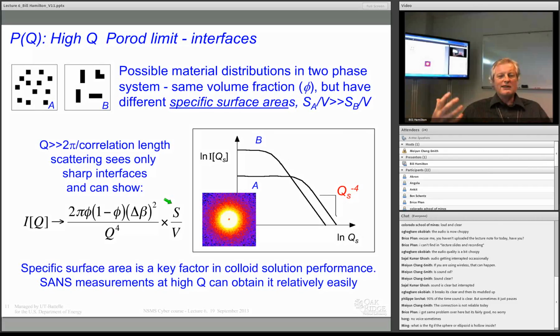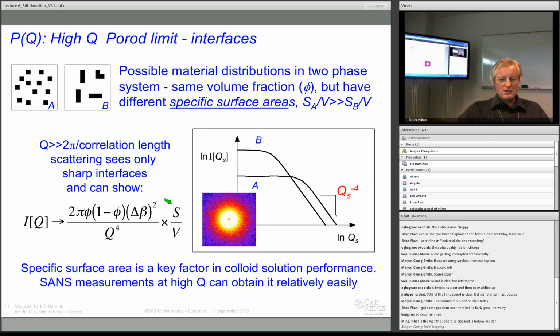You're finely dividing matter, and it nearly always is doing something at the surfaces. And SANS, or small angle scattering, is a great way of measuring surface areas, which basically is the metric of your material or suspension.